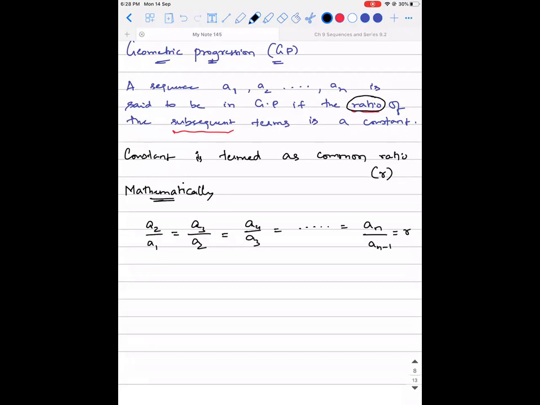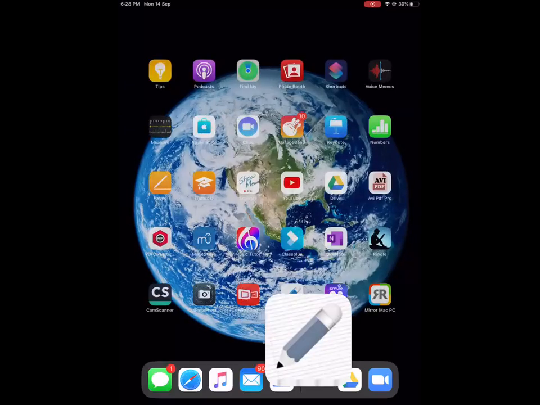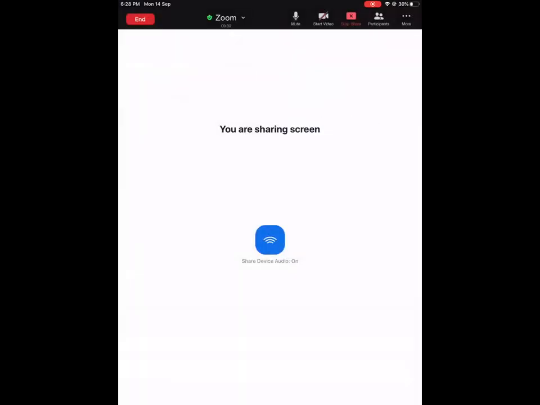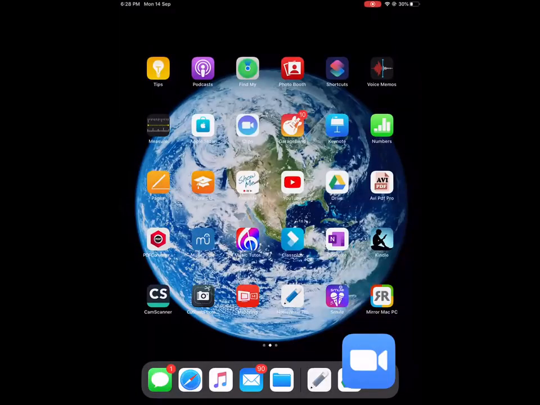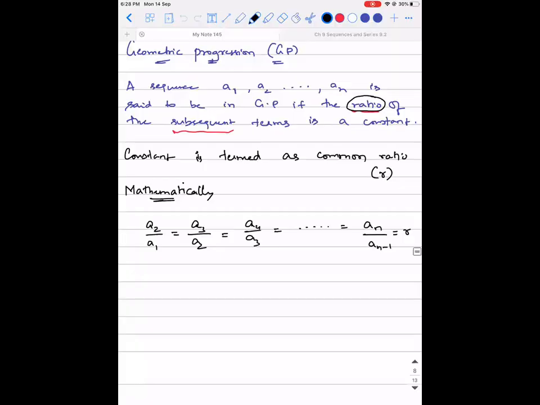I took the ratio of the subsequent terms in such a way that the subsequent term is in the numerator and the term before is in the denominator. So you take the second term versus first, third versus second, the bigger term to the smaller one.